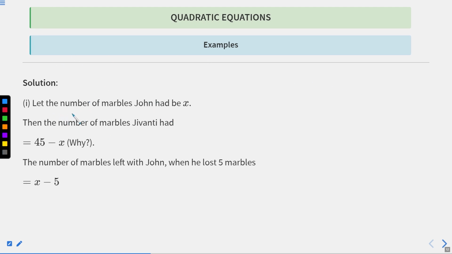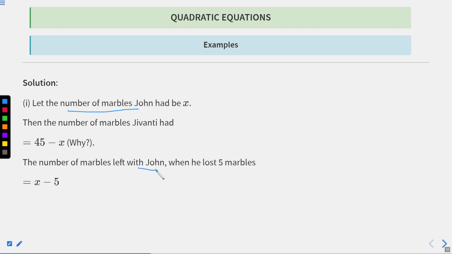Let the number of marbles John had be x. Then the number of marbles Jivanti had is 45 minus x, since they had 45 marbles in total. The number of marbles left with John when he lost 5 marbles is x minus 5.